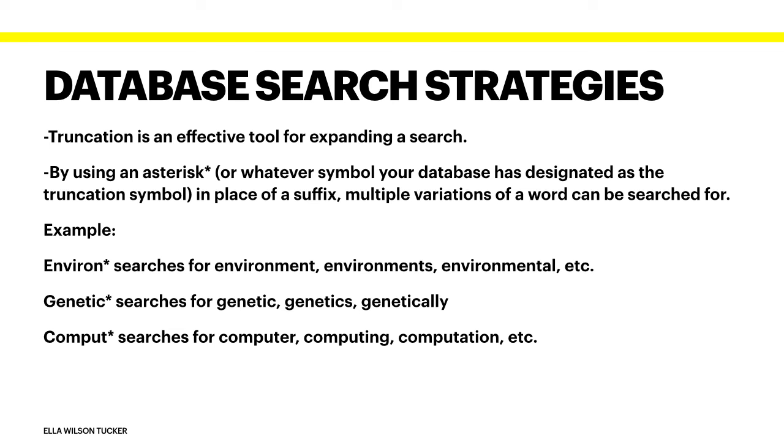For example, when wanting to search broadly about the environment, someone might search environ with an asterisk, and this would then search all words that start with environ, such as environment, environments, environmental, etc. I have included multiple examples on this slide for you to use when educating your students if you'd like.